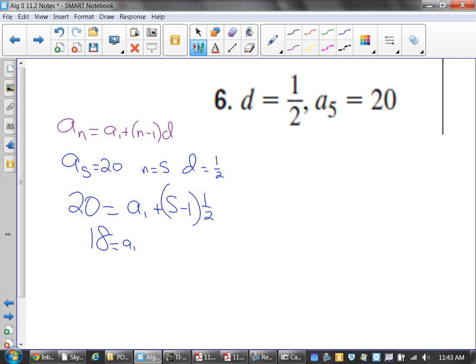So if 18 is my first term, my common difference is 1/2. I start over again. My nth rule is my first term plus the n minus 1 times a half. 18 plus 1/2 n minus a half. What's 18 subtract a half? 17.5.